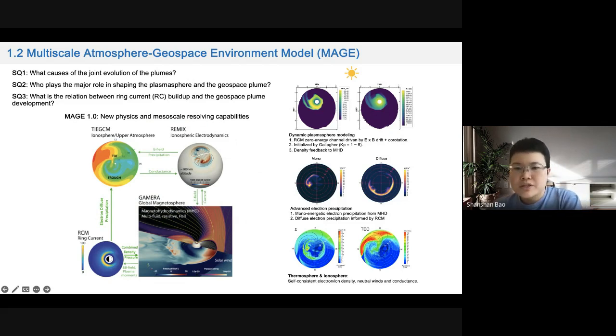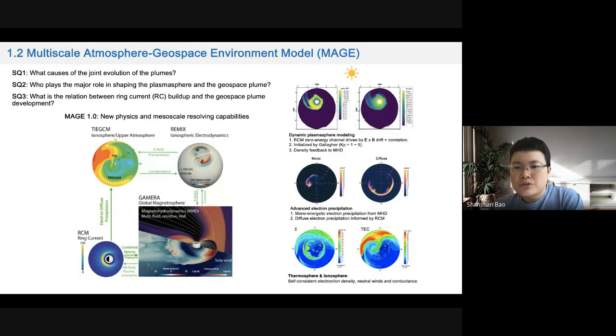For the precipitation, now we have two kinds of electron precipitation. One is a monoenergetic precipitation from the MHD. Basically, the electron is accelerated by the field line potential drop at the region where the thermal electron cannot carry enough current for it.